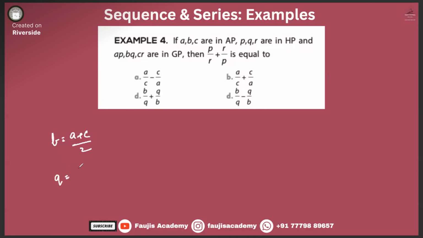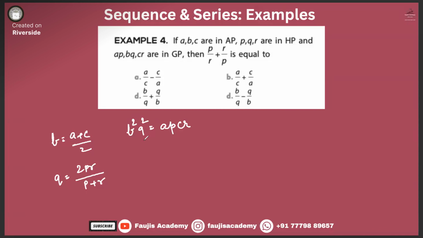That means Q is equal to 2PR divided by P plus R. Right? AB, BQ, CR are in GP. So B square Q square is equal to APCR. Right?